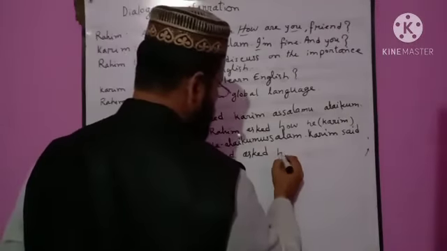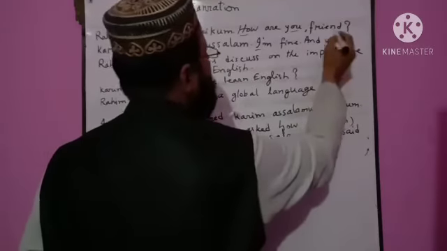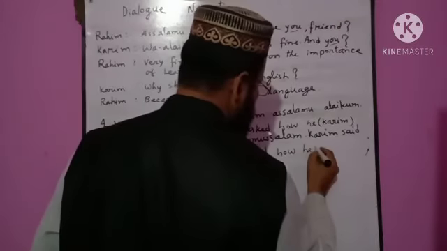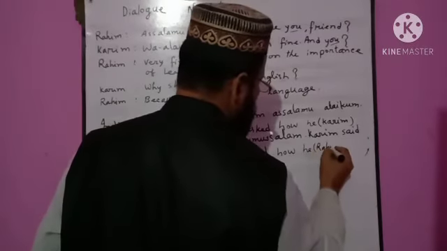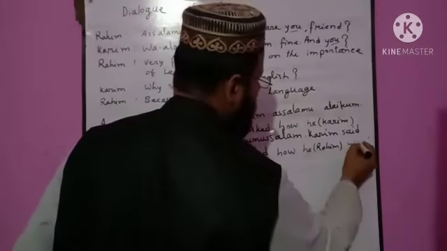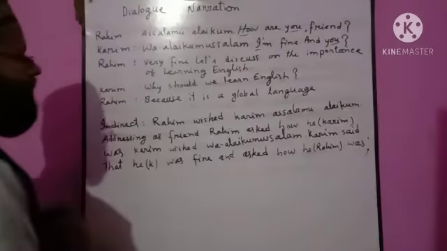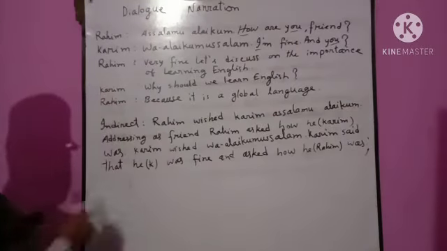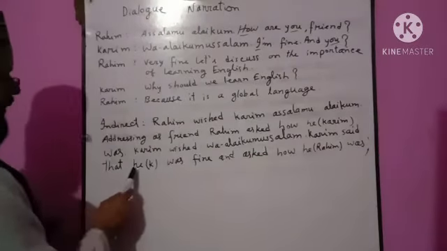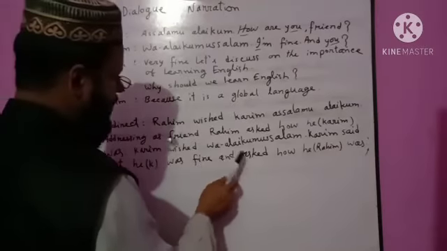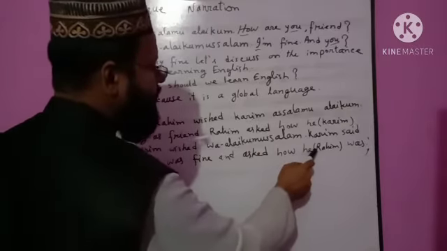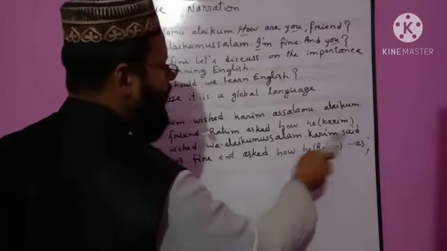So we shall use how. Then you will be changed according to the person spoken to. Karim, Rahim. How he, am is equal to was. Then Karim said that he was fine and asked how he, meaning Karim, was.